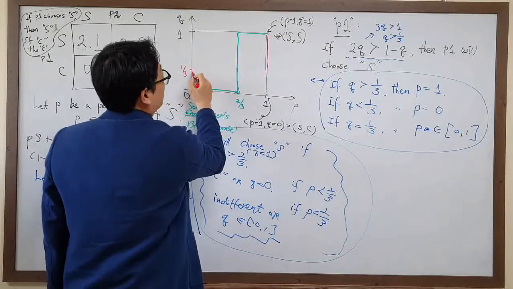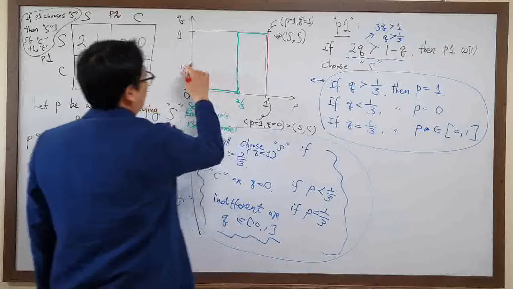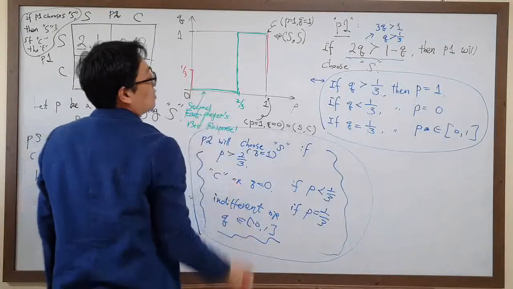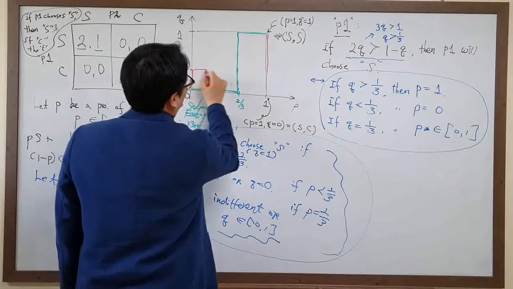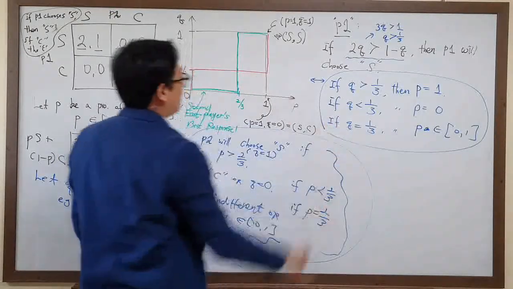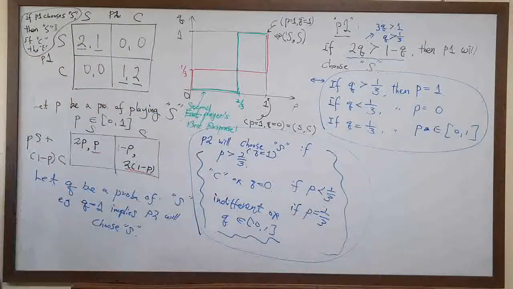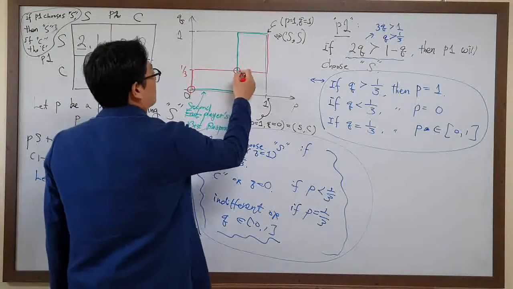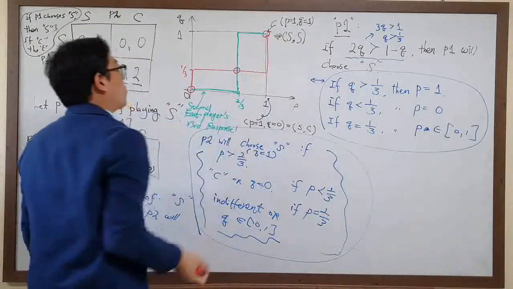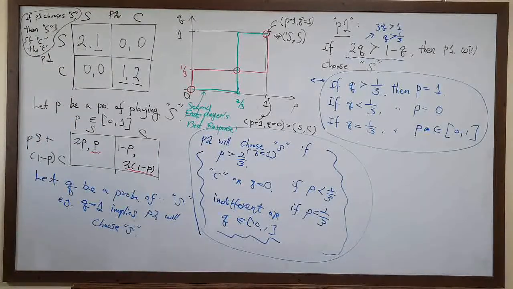If Q is less than 1/3, then P equals 0. If Q equals 1/3, P can be any number from 0 to 1. Okay? So from here, what can we see? We can see that in 3 points, their best responses meet.